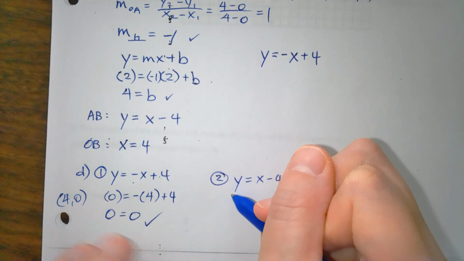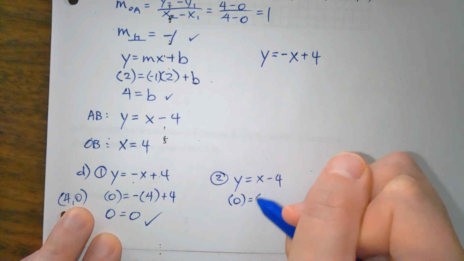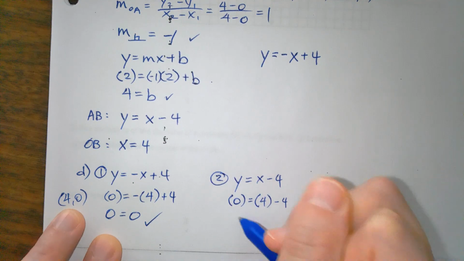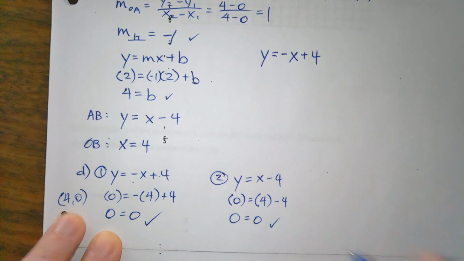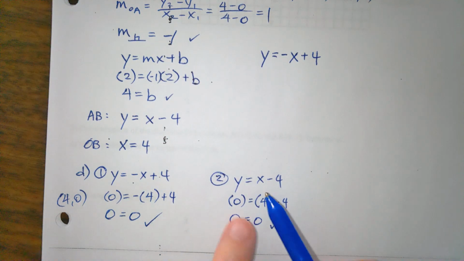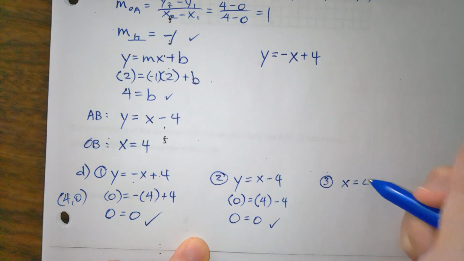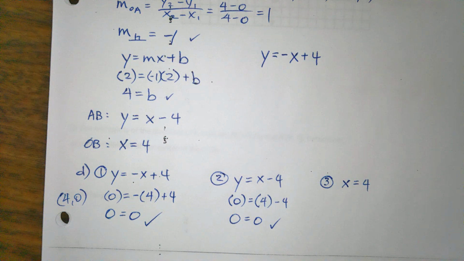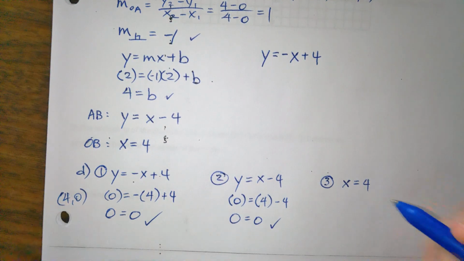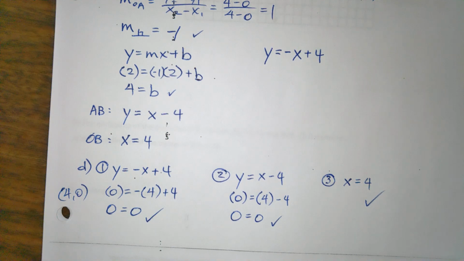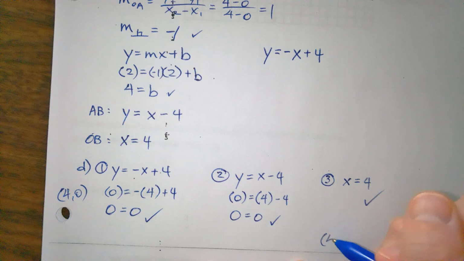Sub it in: 4 minus 4, and I also get 0 equals 0. So this point is on the second line as well. What about the third one, x equals 4? Yes, this is also satisfied. So if this point (4, 0) is on all three lines, then it is an intersection point, and in fact, this is the circumcenter.